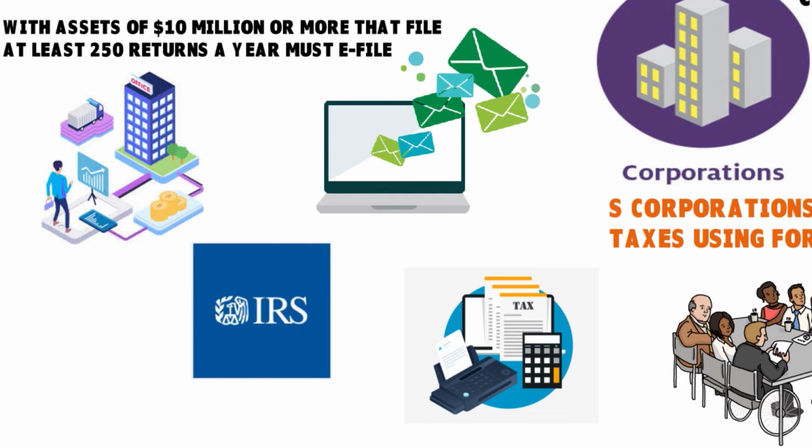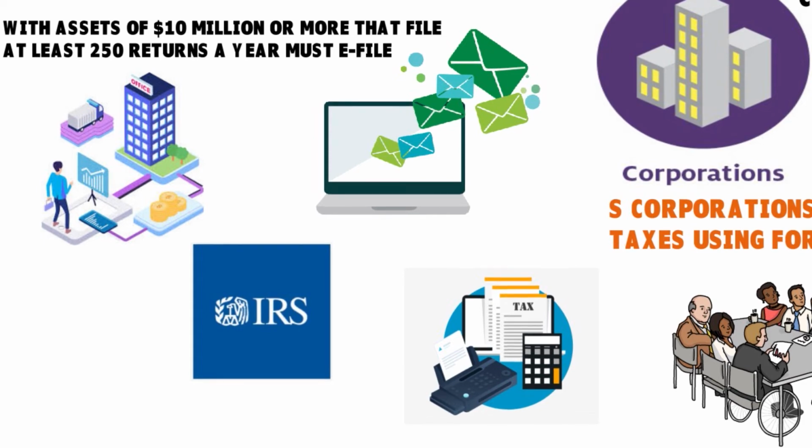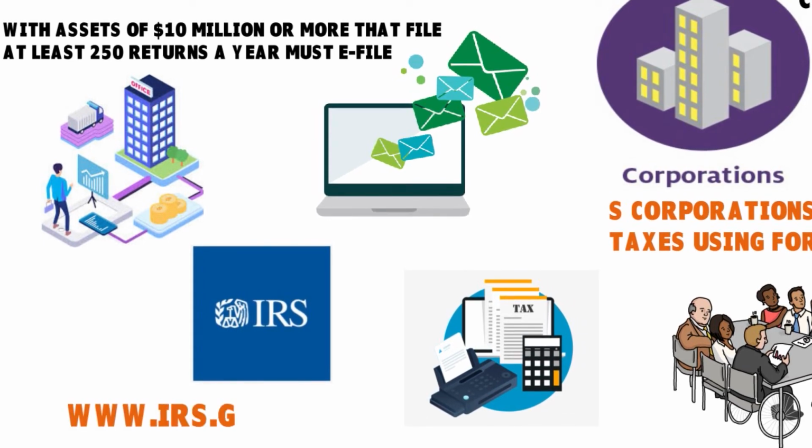So if you are in a position where your company files a lot of returns, 250 at least, you want to e-file. Now, if you want more information, you can go on the IRS website, www.irs.gov, to learn more. You just click on the Form 1120 and all the instructions are there.